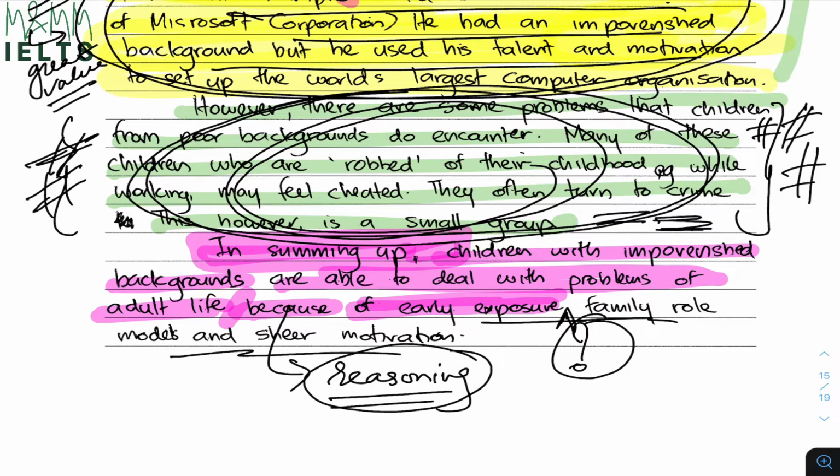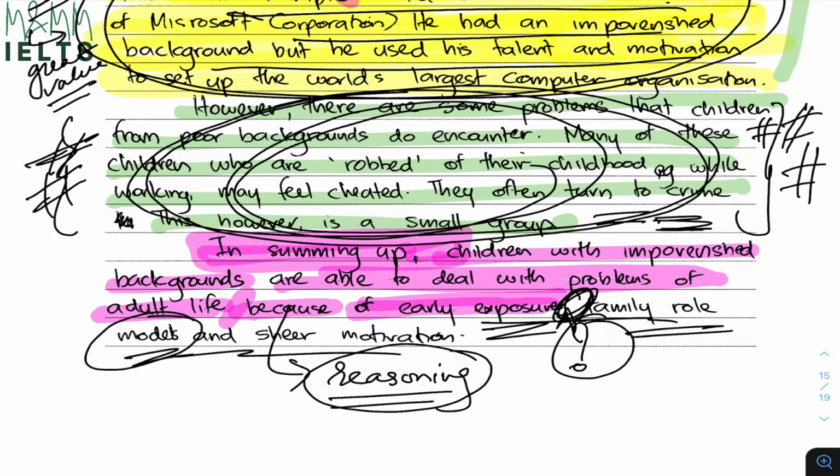Because early exposure, it's like an open world. What can I assume? Early exposure to tough challenges, to real life scenarios, to budgeting, early exposure to humble beginnings, or early exposure to budgeting. Some word has to be here to explain early exposure to what. Maybe that's the reason some marks were deducted and this essay did not get a 9 band.